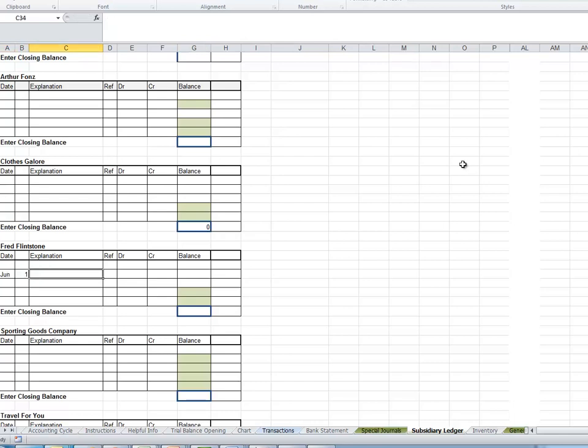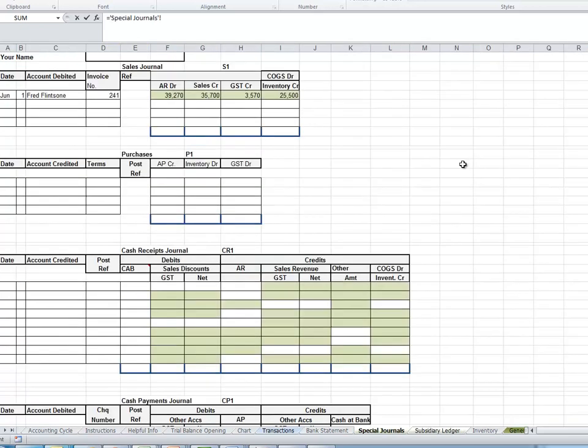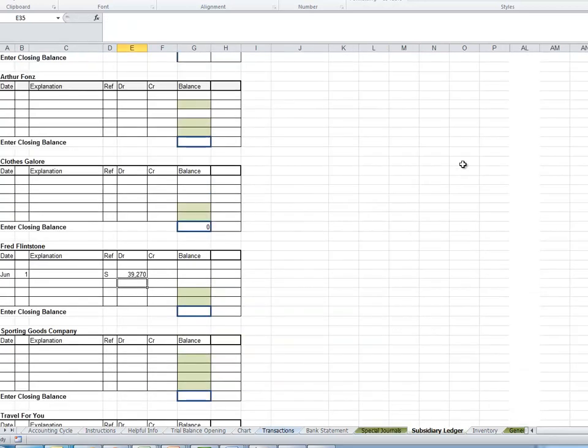I won't put an explanation in because this is a reasonably self-explanatory item. So what's the reference? Well, it's from the sales journal, and it is going to be a debit. Sales journal, we go into the account debit, 39,270.